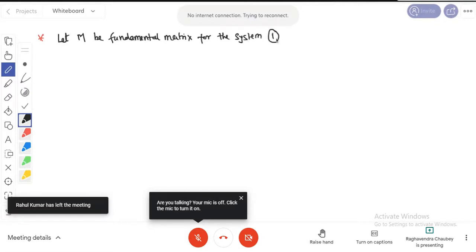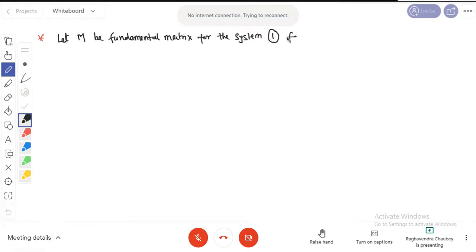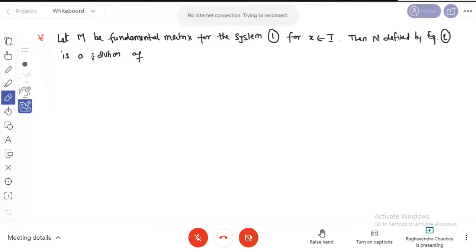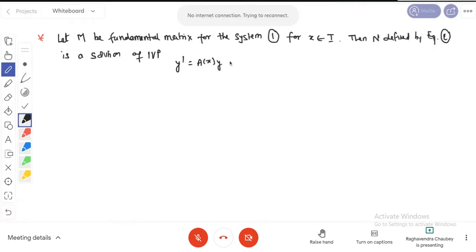which we have already assigned as equation number 1 for x belonging to the given interval, where we have this N, which is defined by equation C. So this is the solution of your initial value problem, which is defined like y prime equals A(x)y plus b(x).